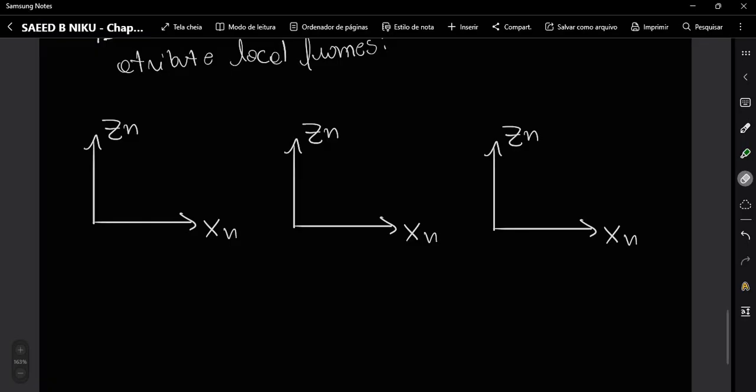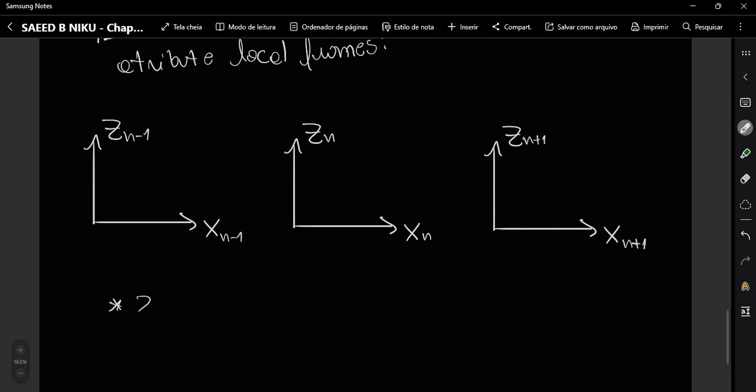Z, and again, it's not zn, sorry if I'm pronouncing this with a delay, putting pauses in my pronunciation. It is indexed: z n minus 1, x n minus 1, z n, x n, z n plus 1 and x n plus 1.